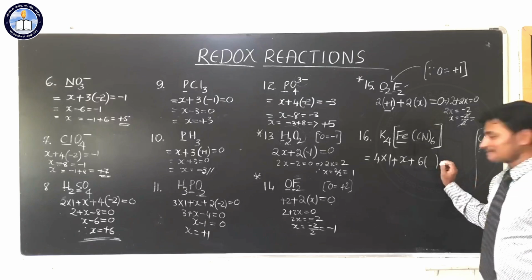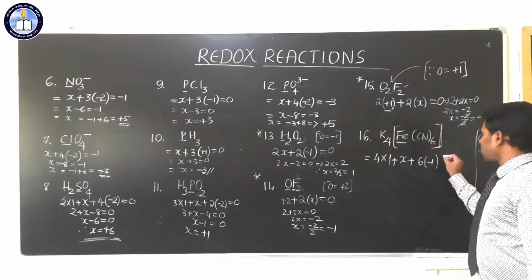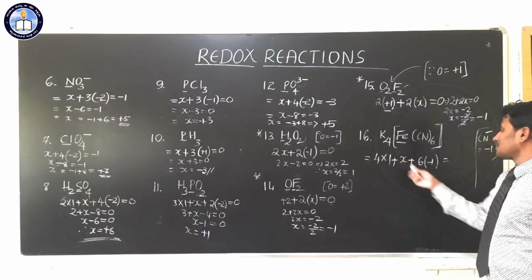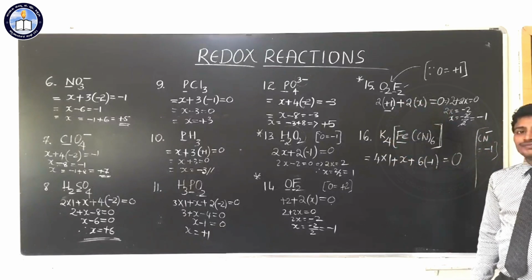Therefore you have to write here -1, isn't it? Equal to, there is no charge on this complex. As we take the whole complex, there is no charge, hence we can write here 0.